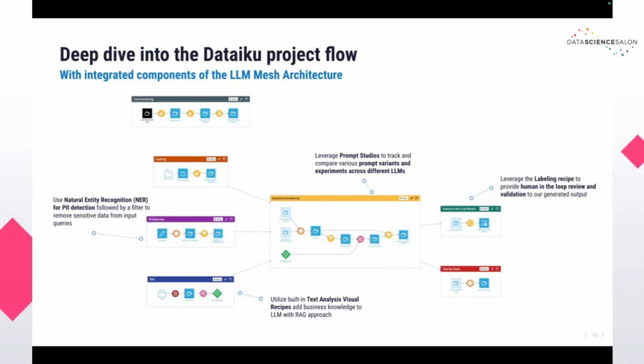We'll also add PII detection using natural entity recognition, or NER, to detect PII in our input data sources and then filter them so they're not being sent to our large language model. We'll write custom code in a code recipe to use open source technology to run toxicity scores over generated content. We'll then add metrics and checks in Dataiku to alert the user if this toxicity check fails.